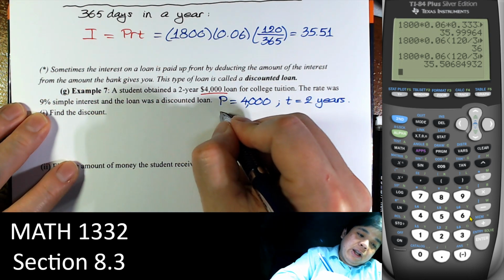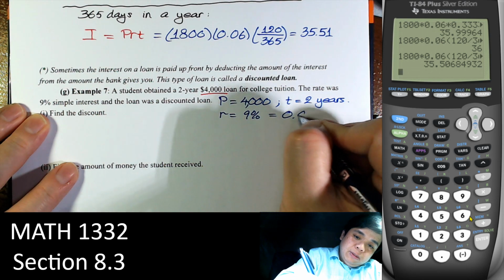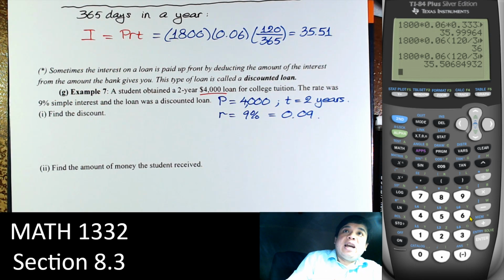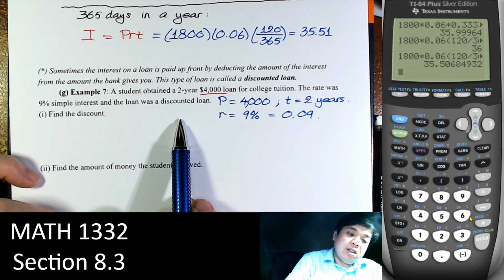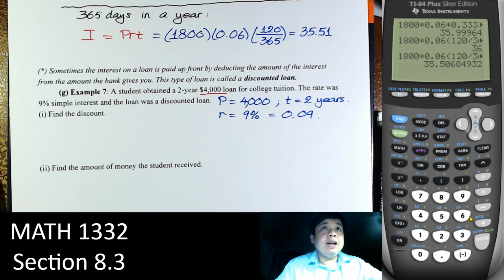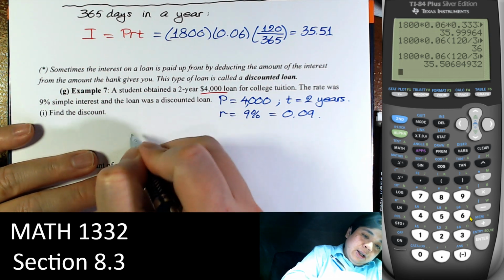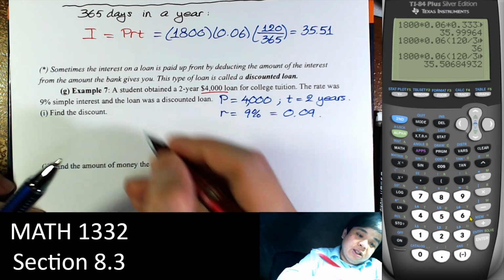And the rate, 9%. Now find the discount. Well, the discount is pretty much just the interest.